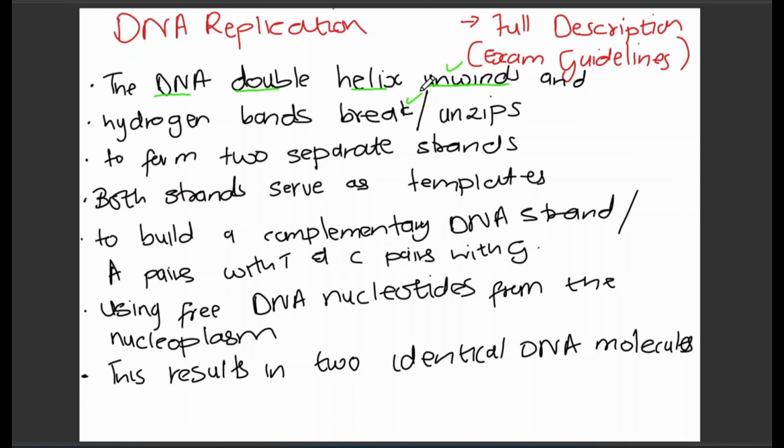For the third mark, you need to mention that there are two separate strands that are formed. Remember, the molecule unwinds and then it unzips, then we end up having two strands. These are the two strands, right? Then both strands, this word is very important, both strands, or you can say each strand. So you'll be marked for that. So both strands or each strand is going to serve as templates in order to build complementary strands.